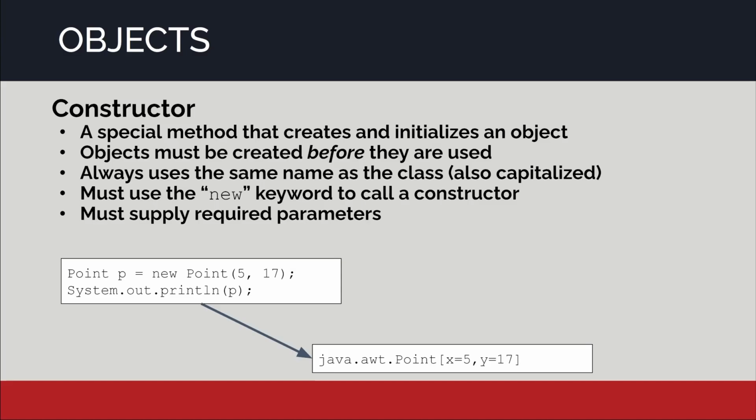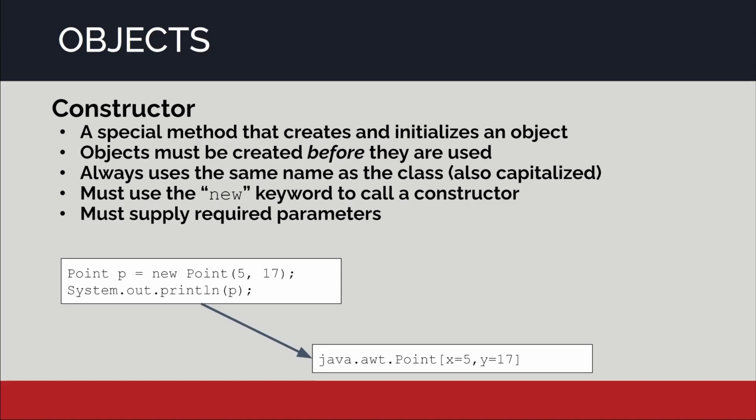When you're defining a constructor method, it always has the same name as the class. Up until now I've said that methods should be lowercase. Well, not constructors. Because the class name is capitalized, the constructor method should also be capitalized. This helps you identify which method is the constructor and which ones are not.